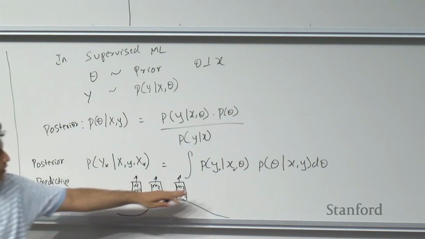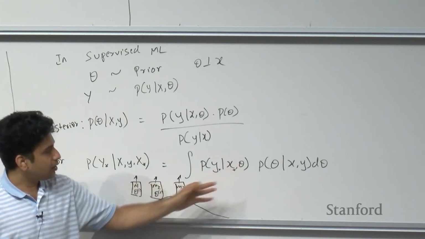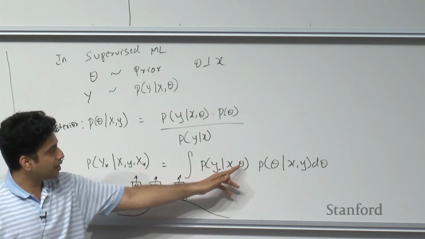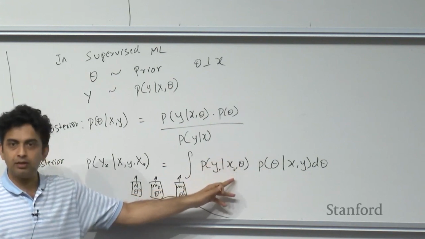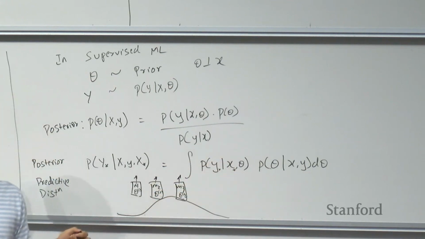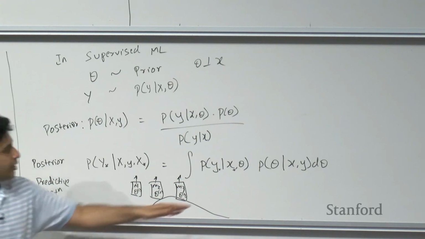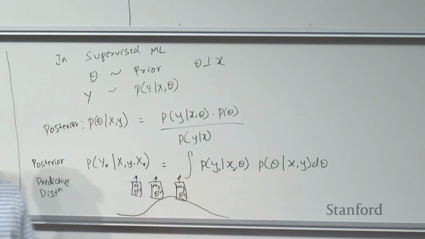What's happening here is that we are considering every possible value of theta. There are infinitely many possible values your theta vector can take. And your posterior distribution is giving you a probability distribution over all these values of theta. What's the probability that a given value of theta is the right value?